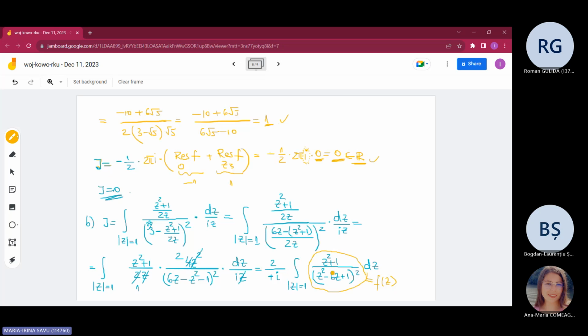Did you find the singular points of f, or did you obtain a different function?